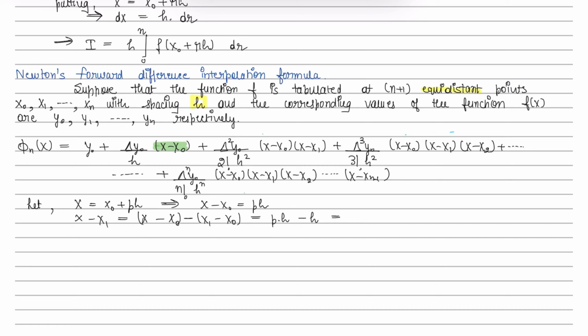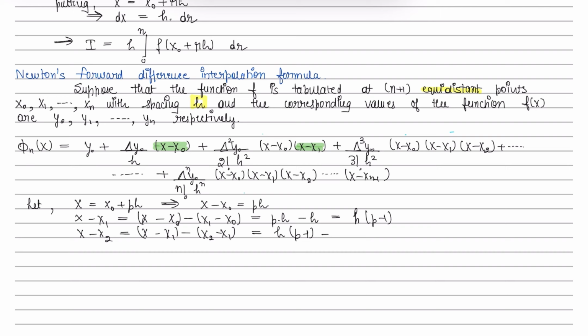So this value will be h times p minus 1, which will be replaced in the place of x minus x1 in phi n. Similarly, x minus x2 will be x minus x1 minus x2 minus x1, where x minus x1 is already been calculated as h into p minus 1.